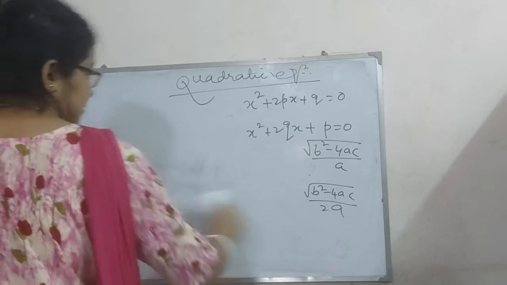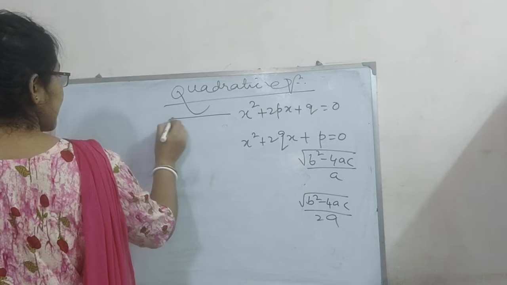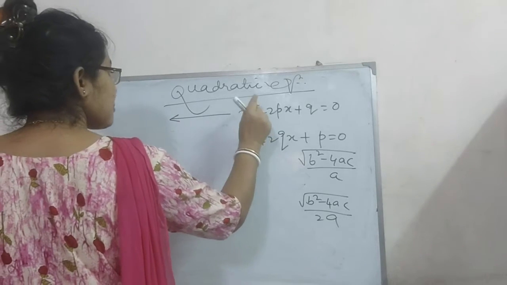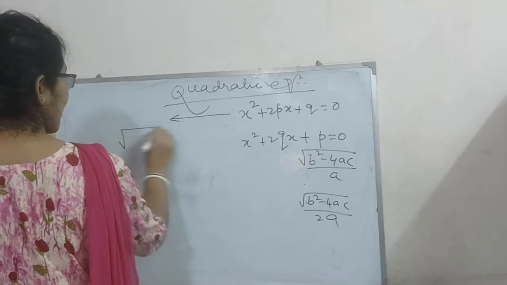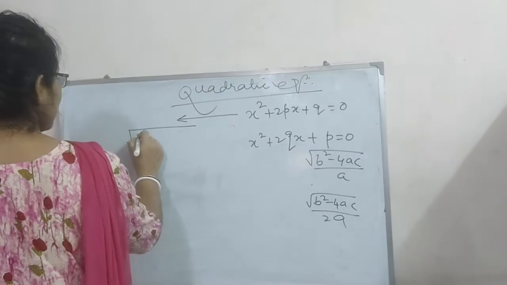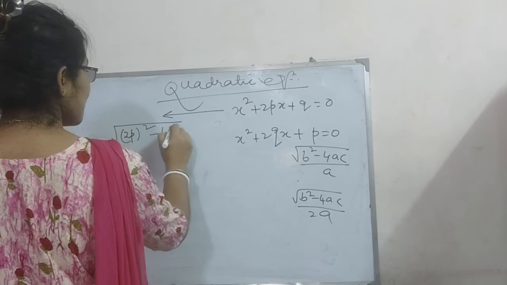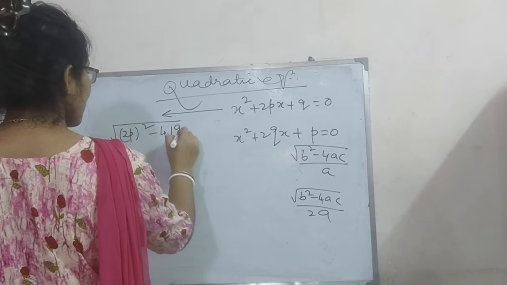From here I can write the difference of two roots of this equation is root over, what is b? 2p is b, that means 2p whole square minus 4 into a equal to 1, c equal to q.